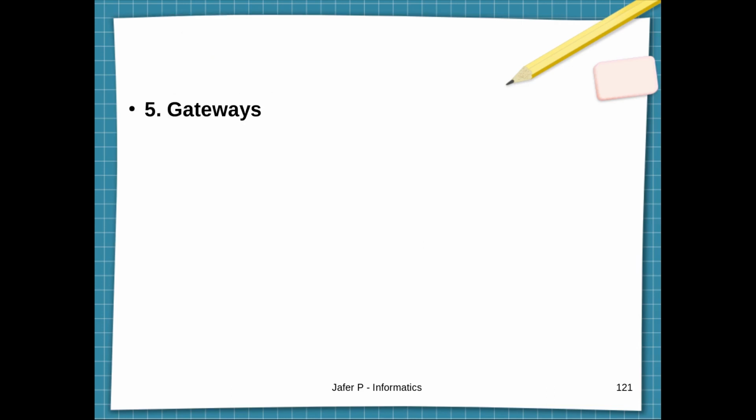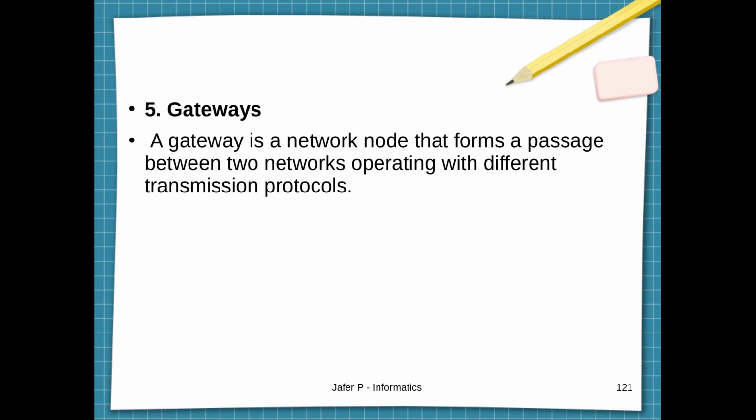And the last one is the gateway. What is a gateway? A gateway is a network node that forms a passage between two networks operating with different transmission protocols. Say, for example, one network is operating with a particular protocol and another network is operating with some other protocol.